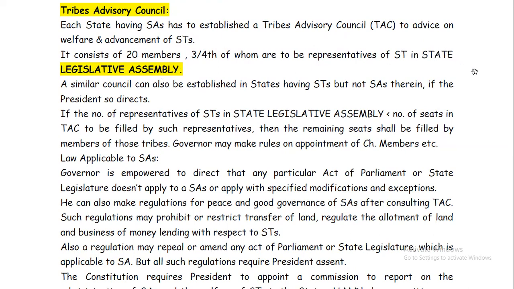They belong to ST. Now, a similar council can also be established in states having STs but not scheduled areas therein, if the President so directs. Suppose the President directs, then this type of Tribes Advisory Council can also be established in states where no such scheduled areas are there, but yes, a good population of ST.